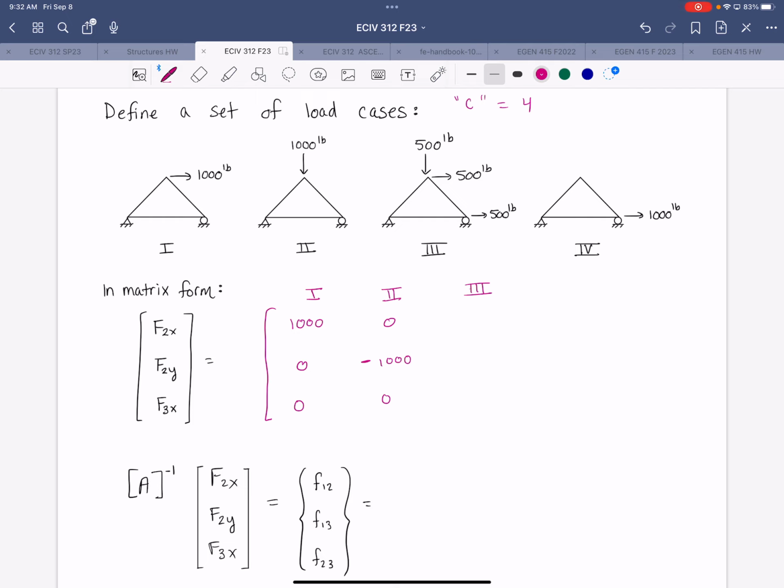So F2x is 500, F2y is negative 500, and F3x is positive 500. And then the last load case only has F3x. So the first 2 entries are 0, and then we have 1,000 in the last row.